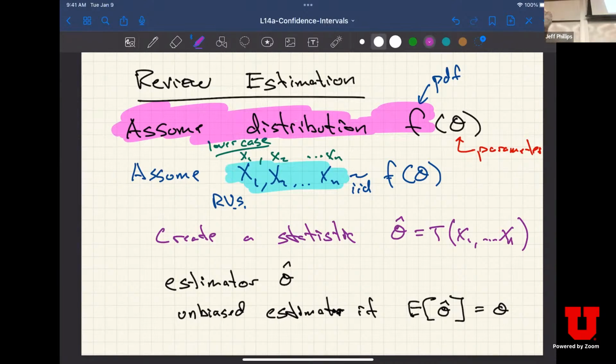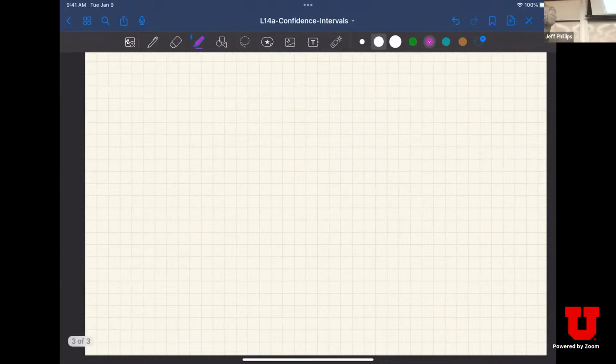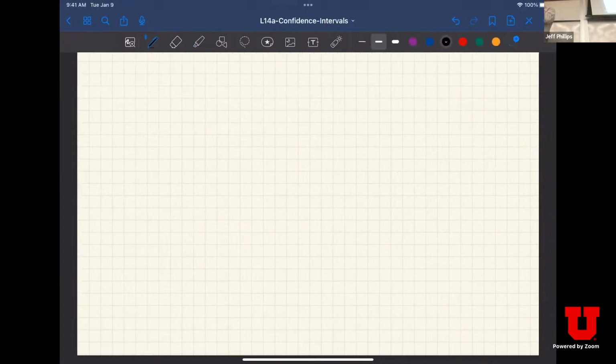Yeah. So okay, one example that I wanted to go through, which we didn't go through at the end of last lecture: let's say I'm going to flip a coin. It has two sides, and I'm going to flip this n times.